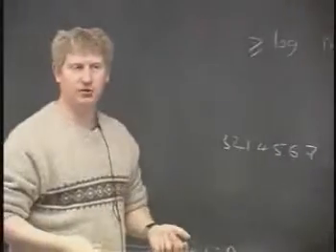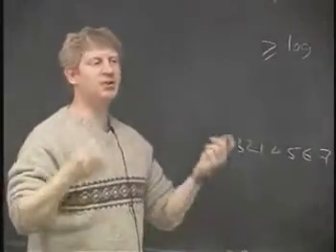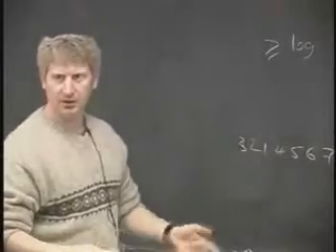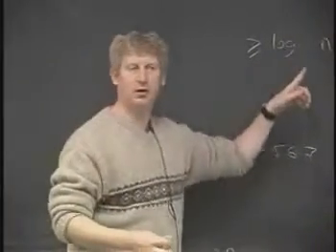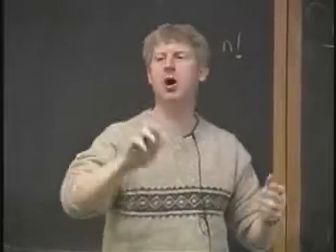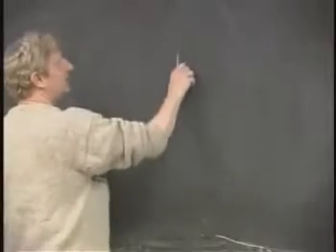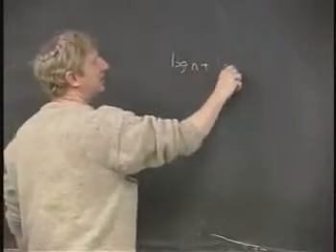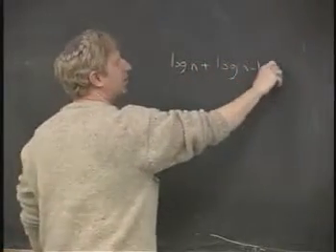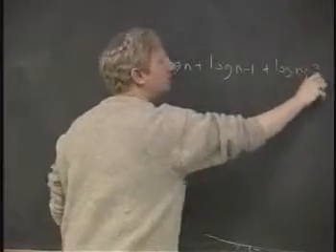What's the log of n factorial? Do you remember we spent painful days explaining that the log of n factorial was both larger than n log n times a constant and smaller than n log n times a constant? The log of n factorial, I'll remind you briefly of this, is the same as the log of n plus the log of n minus 1 plus the log of n minus 2, right?